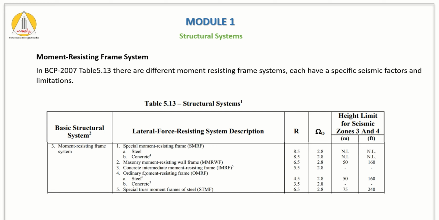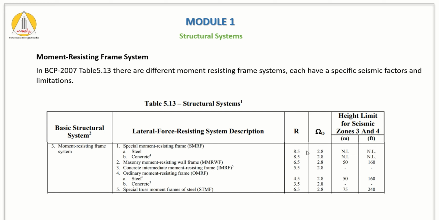But if you are using the IMRF, which is the intermediate moment frame, the R value will be taken as 5.5, and if you are using the ordinary moment frame, which is the OMRF, the value for concrete is 3.5.